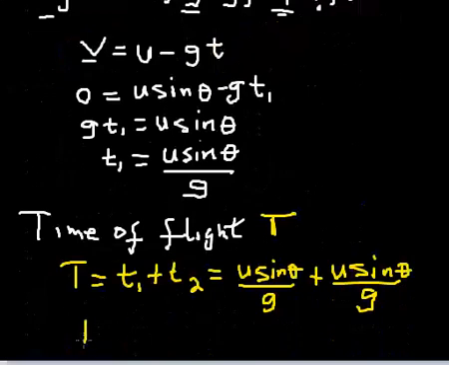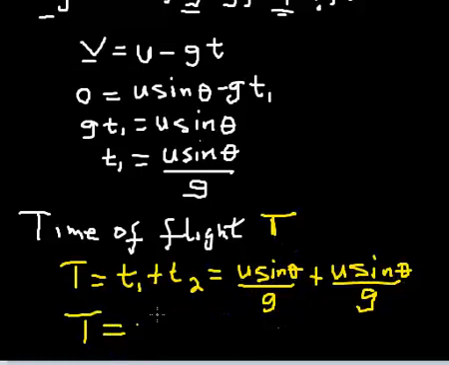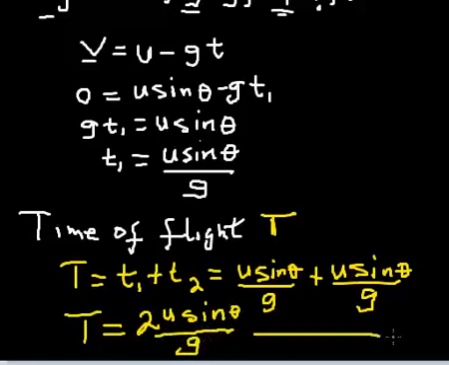So invariably now, to capital letter T, when you add U sin theta all over G plus U sin theta all over G, you have 2U sin theta all over G. So please take note of this formula, all right? Very, very important.